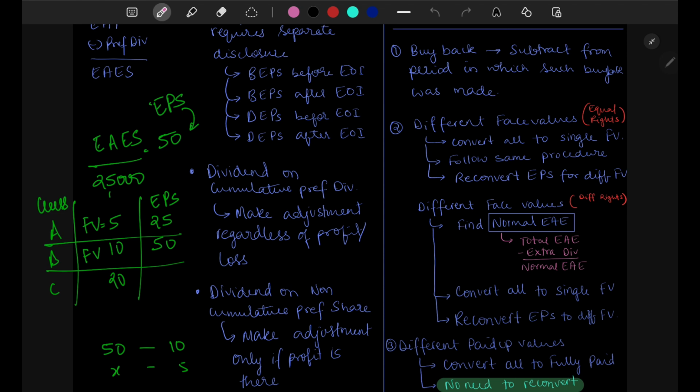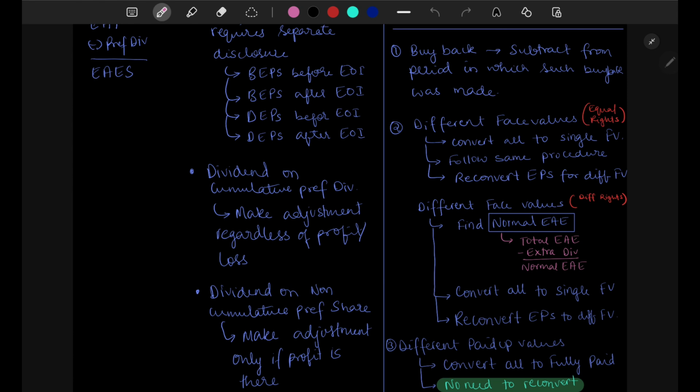And in case of face value of 20 rupees, again same thing, 50 rupees for 10. How much is it for 20 rupees face value? So 50 into 20 divided by 10, so you'll get 100 rupees earnings per share. Okay, is that clear? That is in case of equal rights.